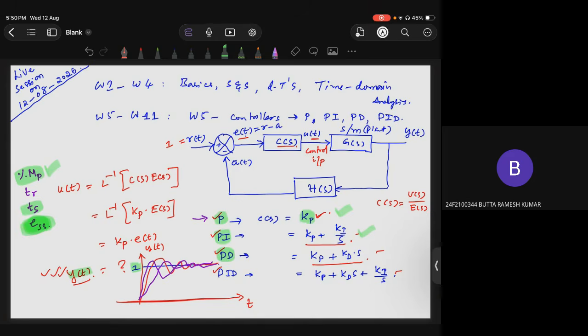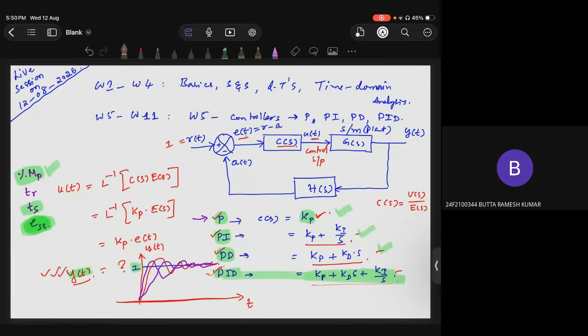This PI will remove the steady state error, whereas PD will solve the overshoot problem. All put together, we'll get all the advantages. That is nothing but this PID controller.